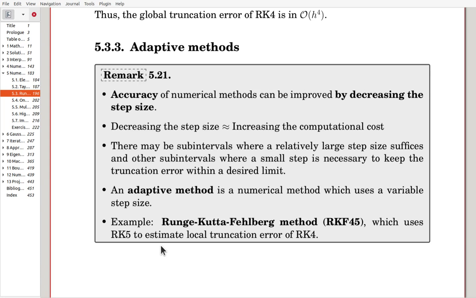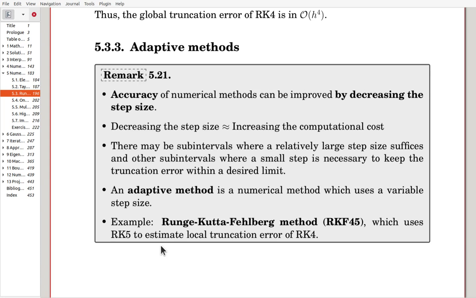RK4 is the main algorithm, and RK5 is used to measure the error, so that once the local truncation error is large, we choose a smaller step size. Once it is good enough, with the two very near each other, we choose a larger step size. In this way, we can implement an adaptive method.